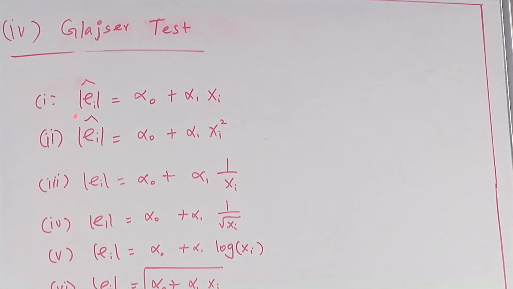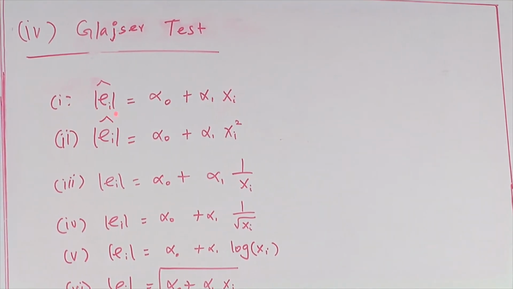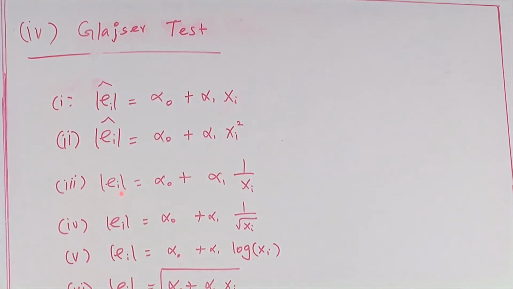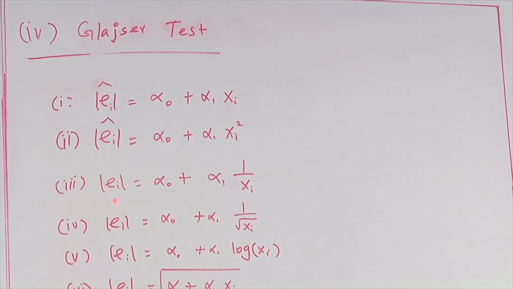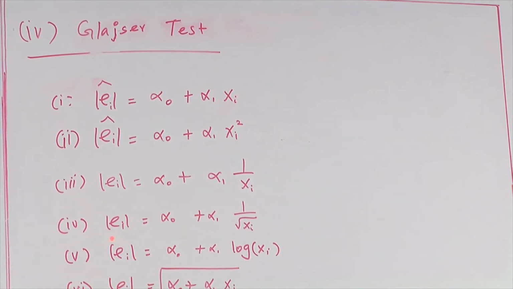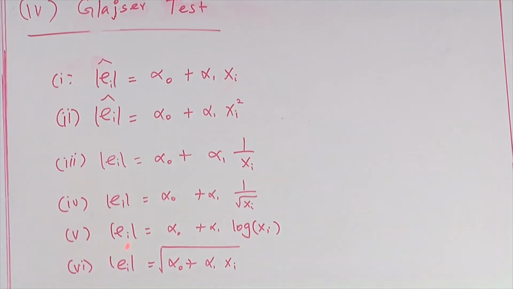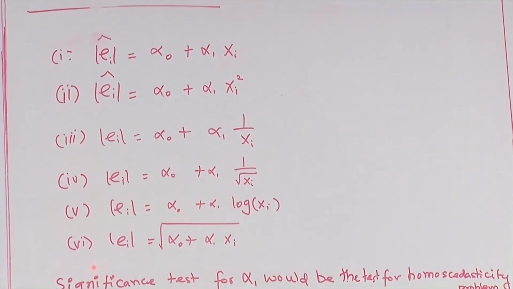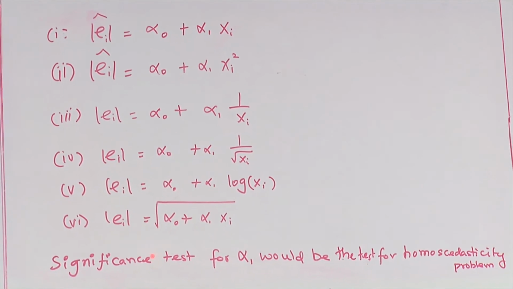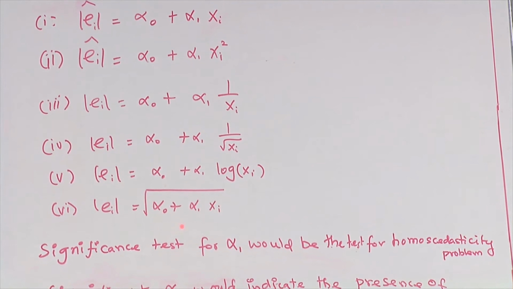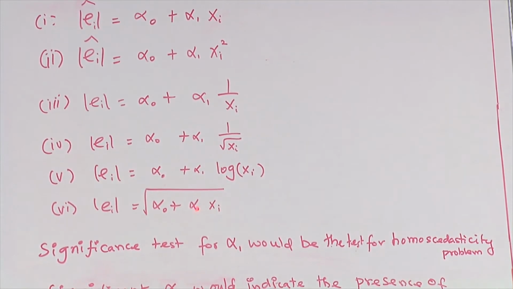The first one is the modulus EI as a function of xi: modulus EI regressed on xi, on xi square, on 1 by xi, on 1 by square root of xi, on log xi, and on square root of alpha, a square root of a linear function of xi.